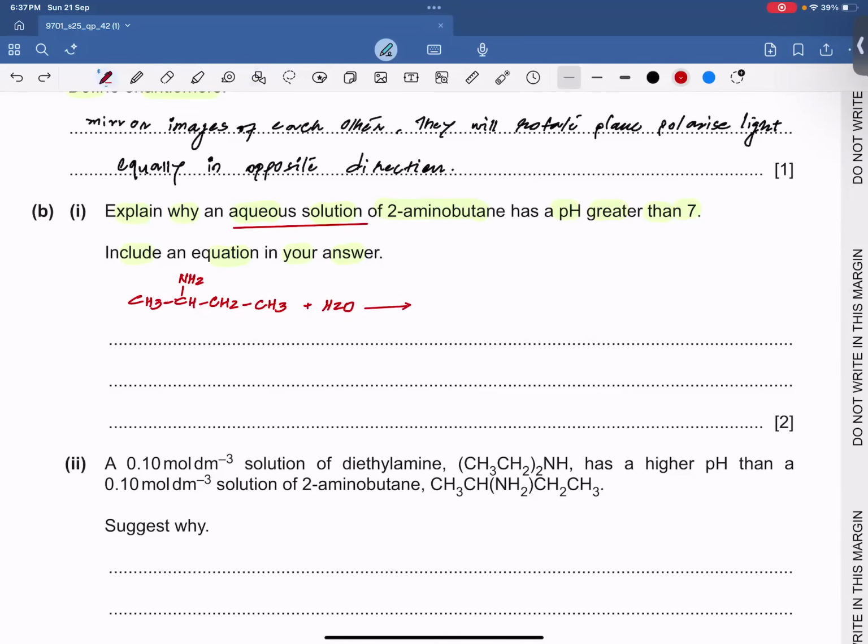Now NH2 is a proton acceptor. When it accepts a proton, it will turn to NH3 positive, OH minus, and the rest of the molecule will remain as it is.